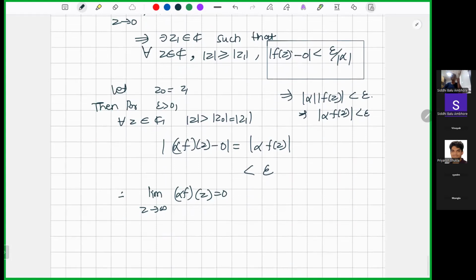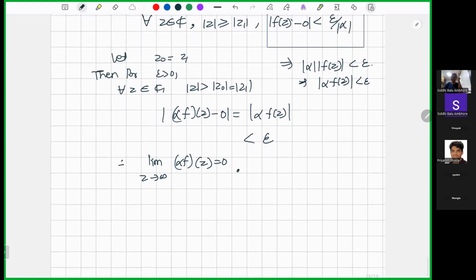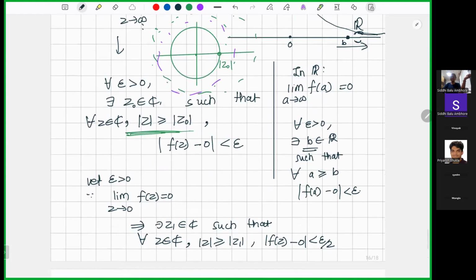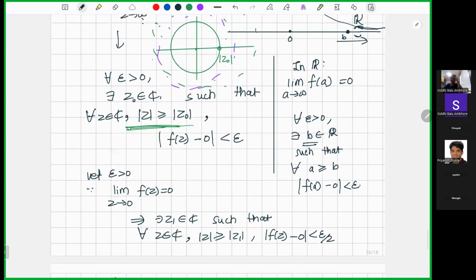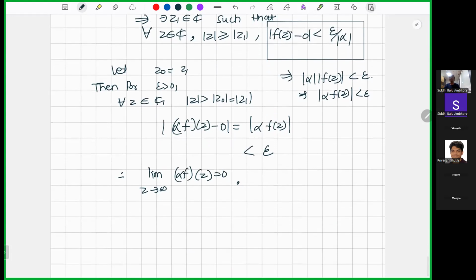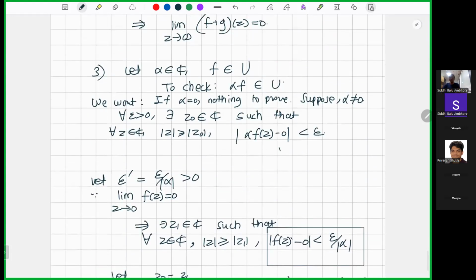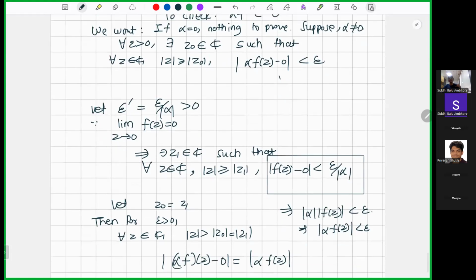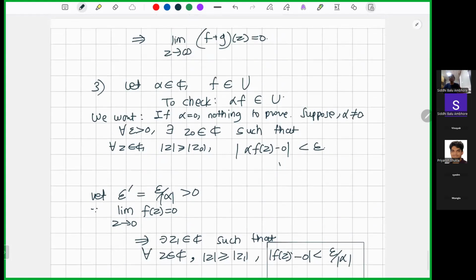Okay, great. So this is some analysis which we did, but if you want good marks in the assignment, you need to write all these details. But I hope you understood that we checked all these three conditions: 0 is there, addition of two functions is there, and scalar multiplication is also there.